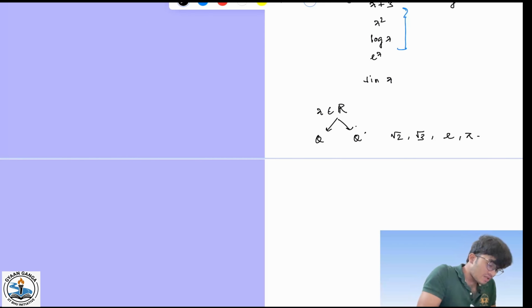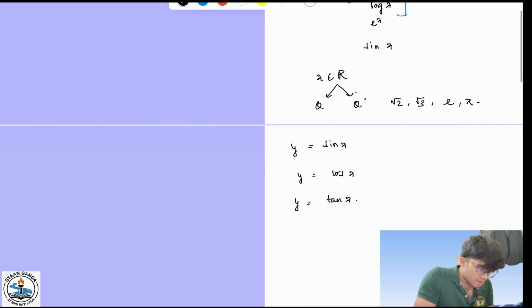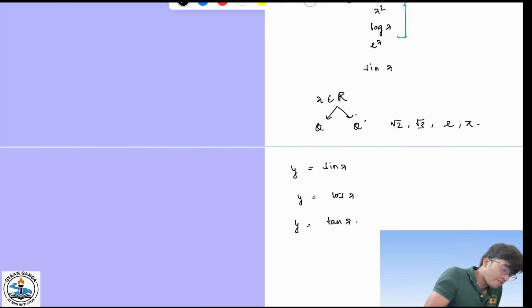So functions like the trigonometric functions y is equal to sin x, y is equal to cos x, and y is equal to tan x are all real valued. What does a real valued function mean?